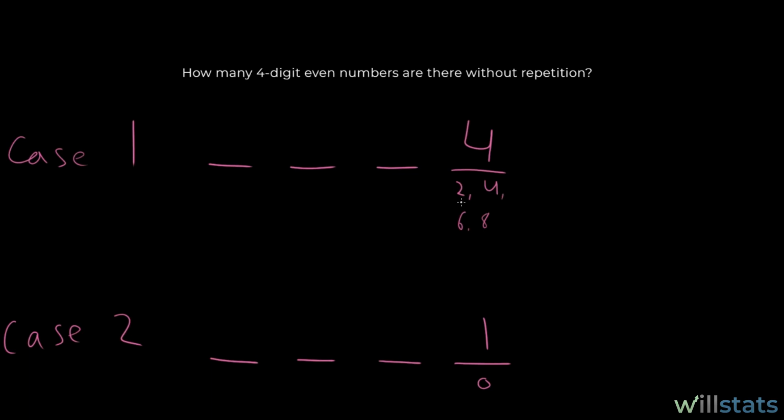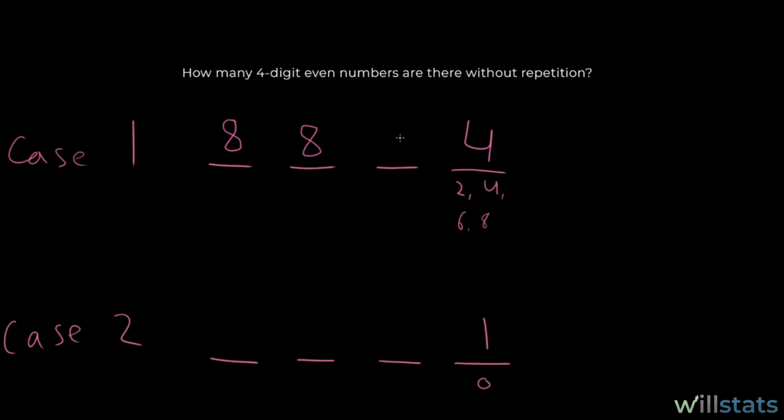So let's look at our first case. For the first digit, there are 8 possibilities: 1 through 9 minus whatever is used for the last digit. For our second digit, there are also 8 possibilities: 0 through 9 minus whatever is used for our first digit and minus whatever is used for our last digit.